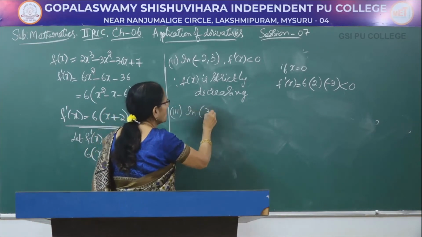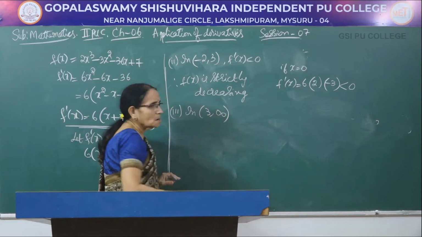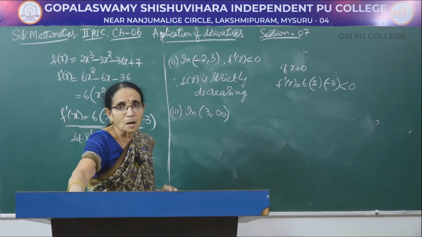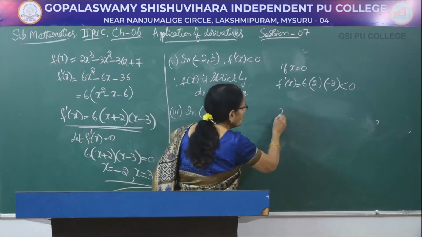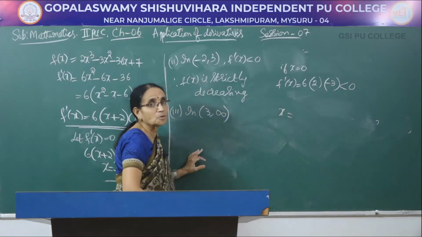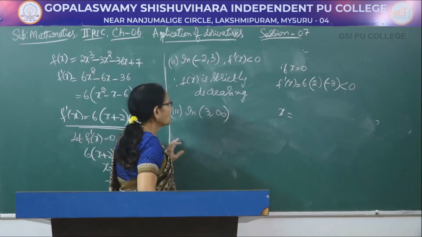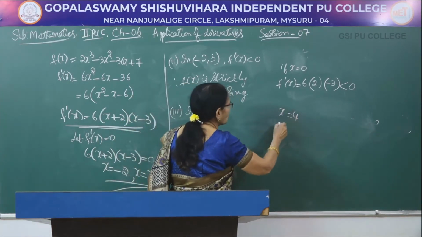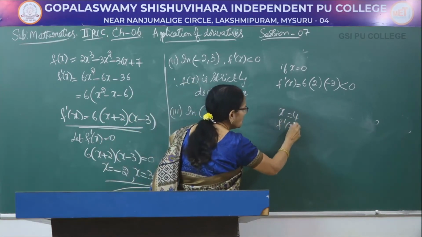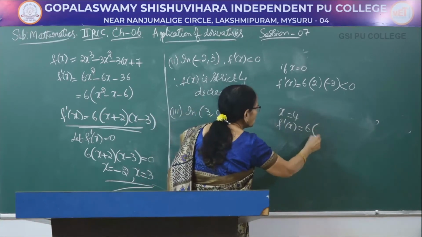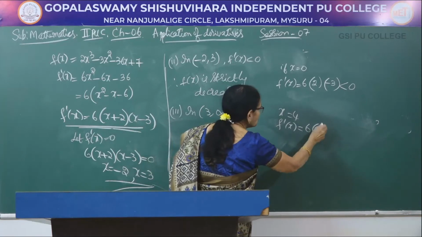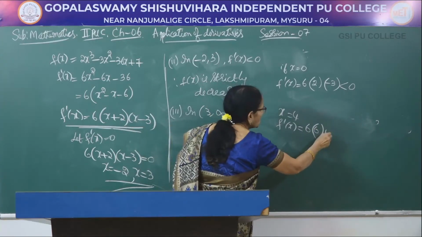Okay. Now, come to the last interval. What's the last interval? 3 comma plus infinity. Now, let me give a value which is more than 3. Let me take the value, say 4. Then, what's the sign of f dash x here? 6 into 4 plus 2, 6, and 4 minus 3, 1.